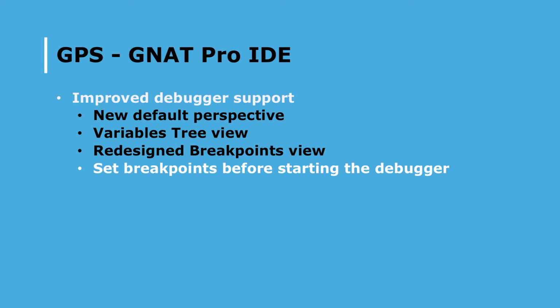Along with the breakpoint view, it's now also possible to set breakpoints before starting the debugger. Up to now, you needed to enter the debugger session to be able to put breakpoints on your application. But several users pointed out that when you are in your source code, not necessarily in the debugger, you might already decide, okay, I want to look at this subprogram or this specific line in my subprogram, so I want to put a breakpoint, and I don't really care that the debugger has not started yet.